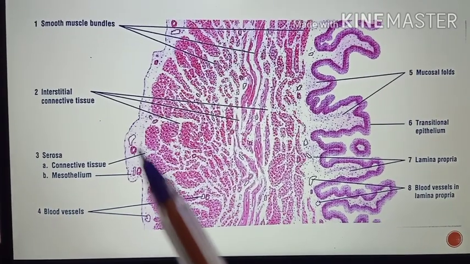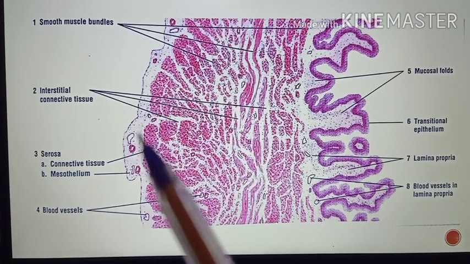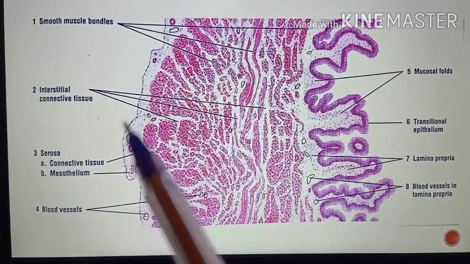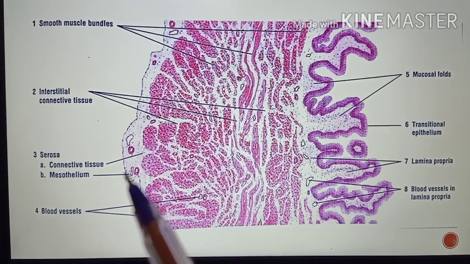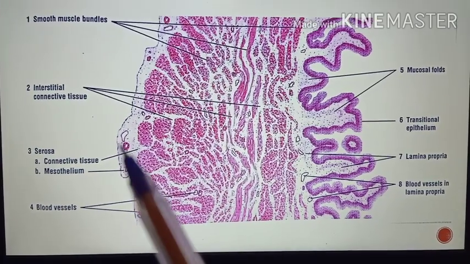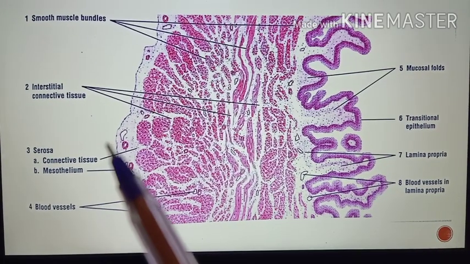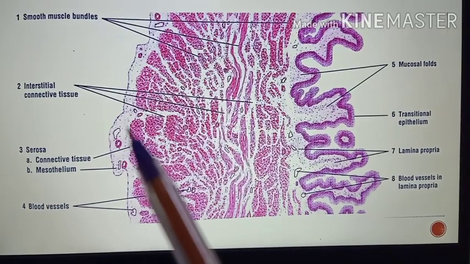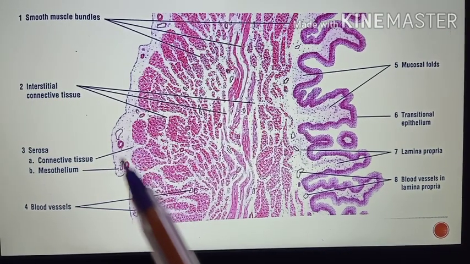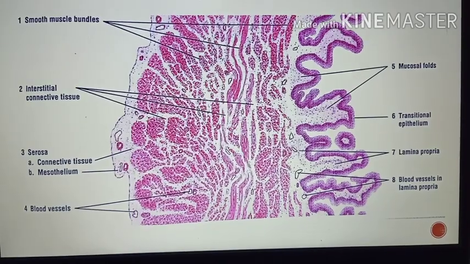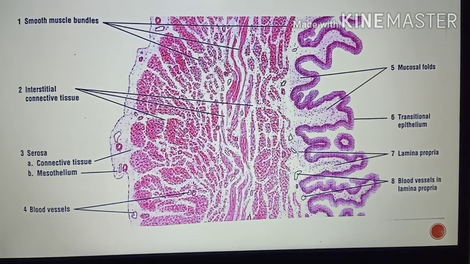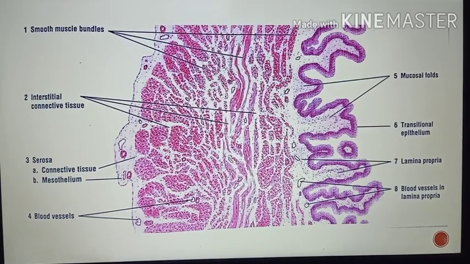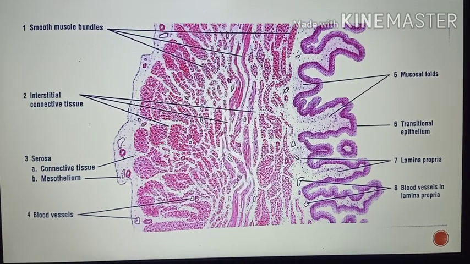So here you can see this is the serosa, which is made up of connective tissue along with a layer of squamous cells, and that is called the mesothelium. So remember, mesothelium along with the connective tissue is called the serosa. Whereas the inferior part of the bladder is covered with just connective tissue, and that is called the adventitia.